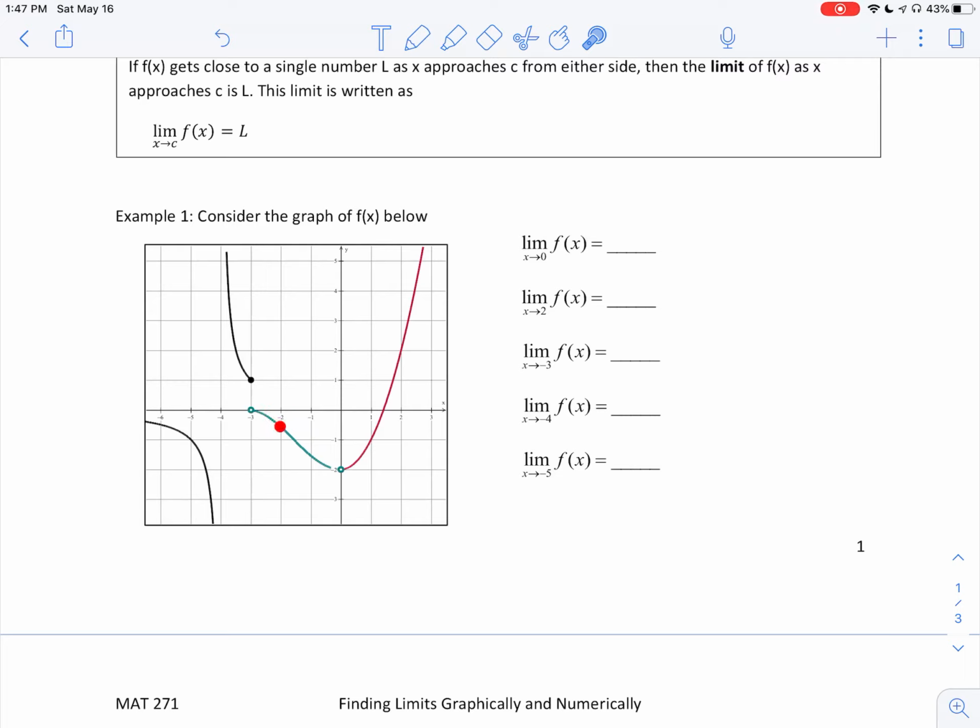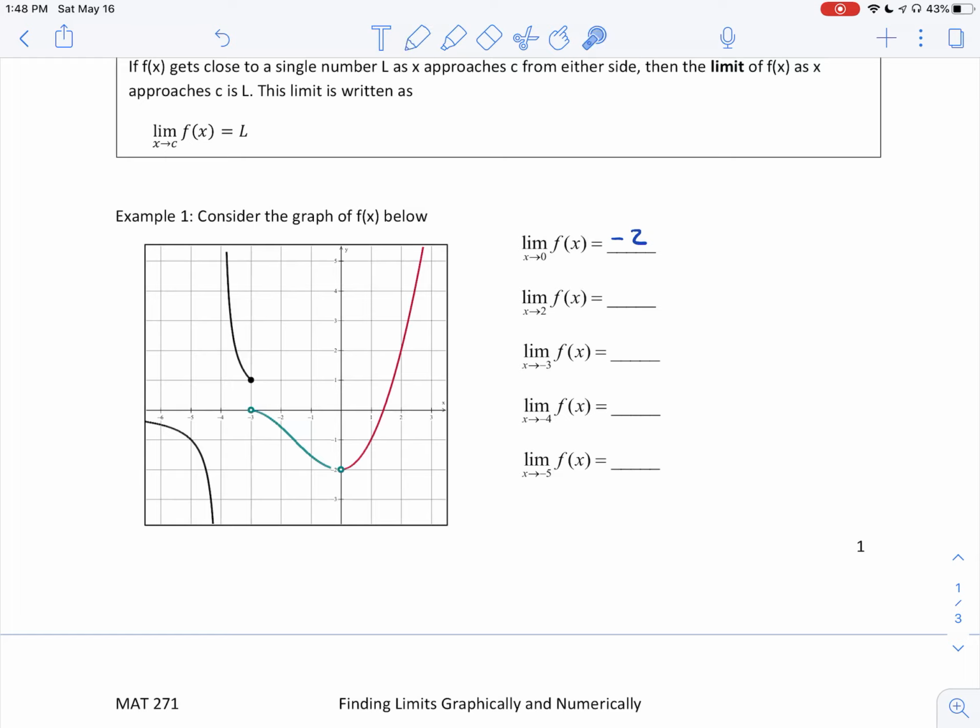We come in as x approaches 0 from the left-hand side. We see that our function is approaching -2. And as x approaches 0 from the right-hand side, same thing, our function is approaching -2. So since it's approaching the same value from both sides, we say that our limit is equal to -2.